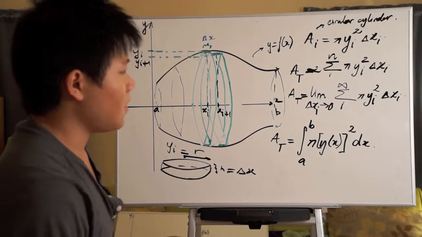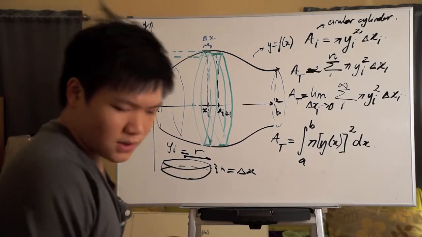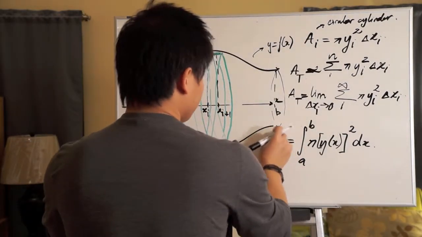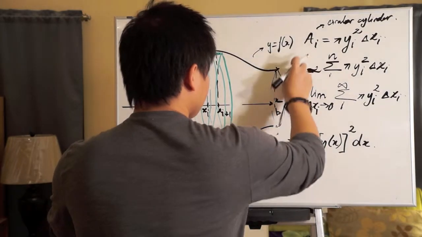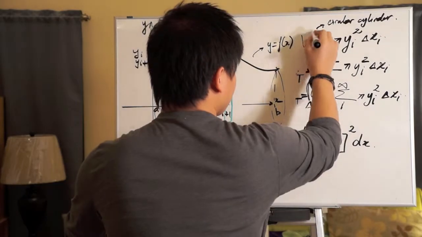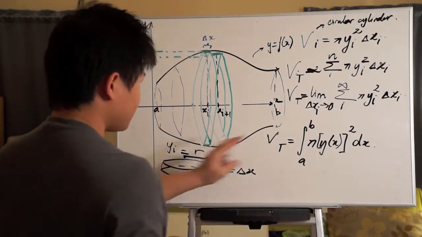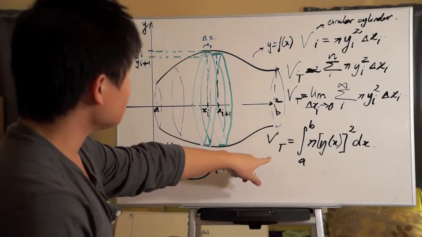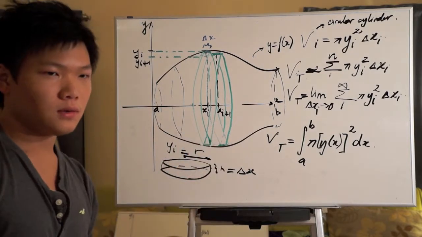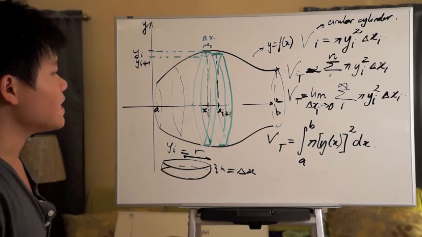So there you have it. This is the derivation of the equation. I'm sorry, this is not the area, this is the volume. The total volume is equal to the sum of the very little volumes, which are the little circular cylinders that we derive from the increments we take.